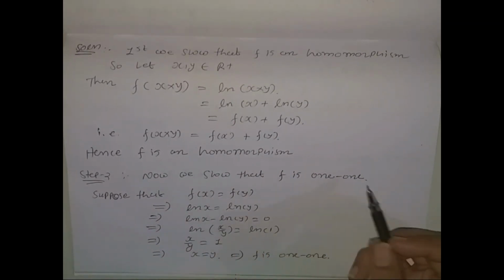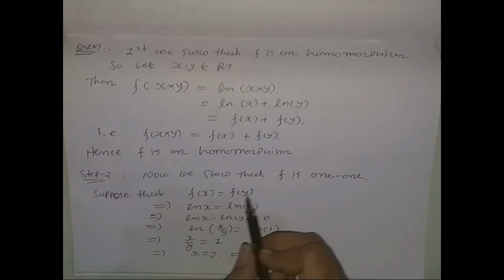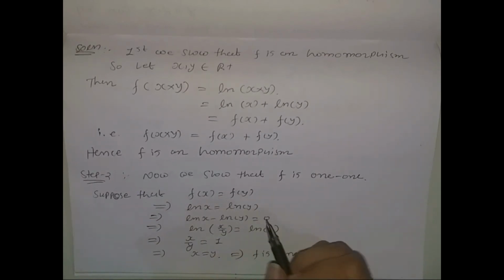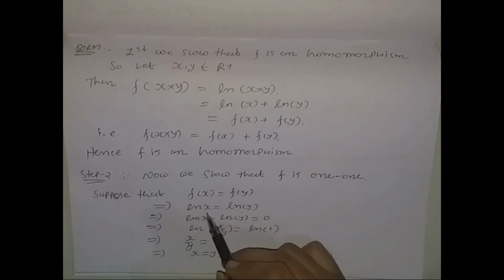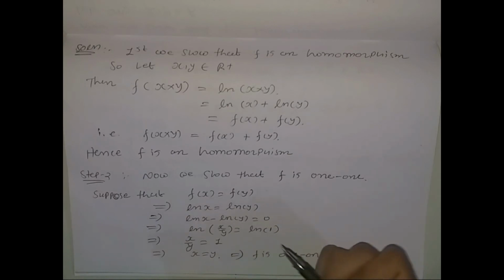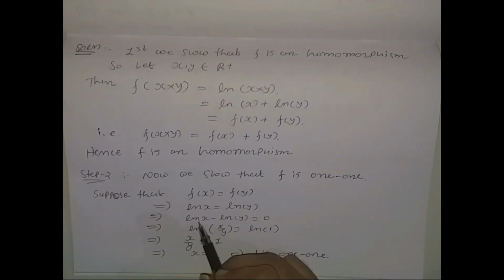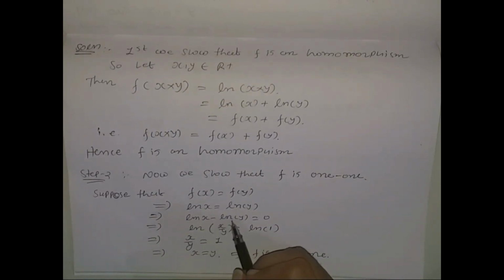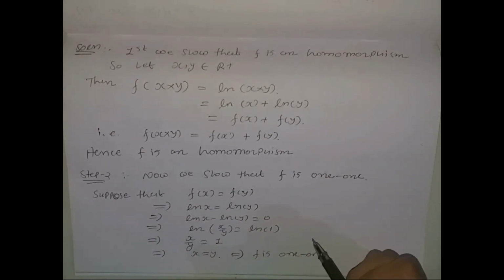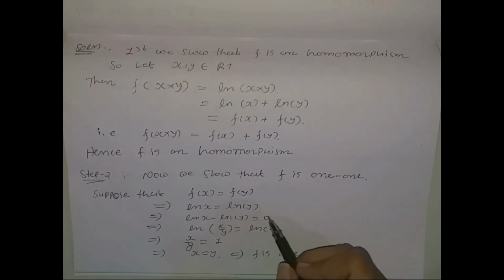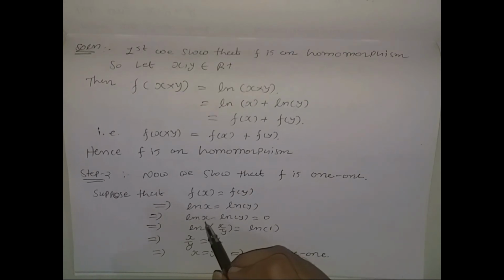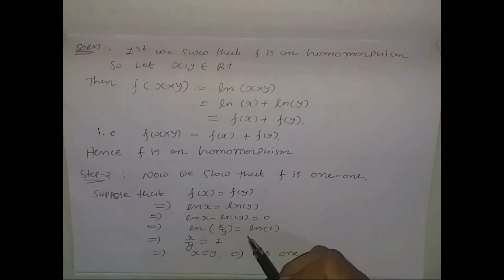Now we will show that f is 1-1. For that we have considered two images are same. f of x is equal to f of y. This implies that log x is equal to log y. So log x minus log y is equal to 0. Now log 1 is equal to 0, and here subtraction of two logarithms gives the log of x upon y.